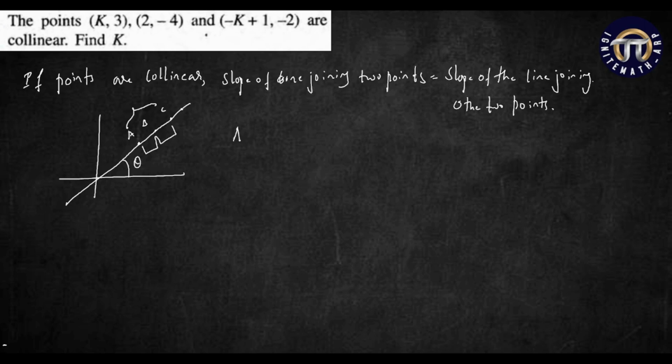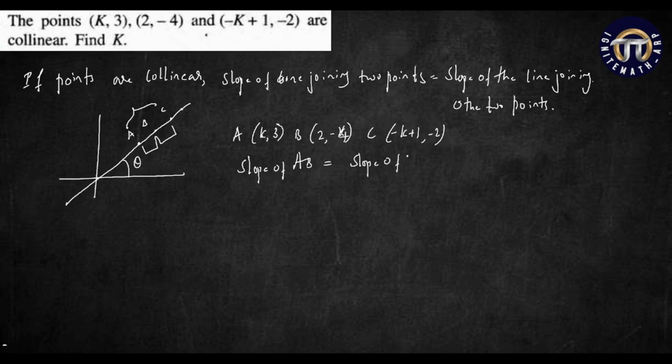So I'll consider A (k, 3), B (2, -4), then C (-k+1, -2). So now slope of AB is equal to slope of, I can say AC or BC, anything, BC.